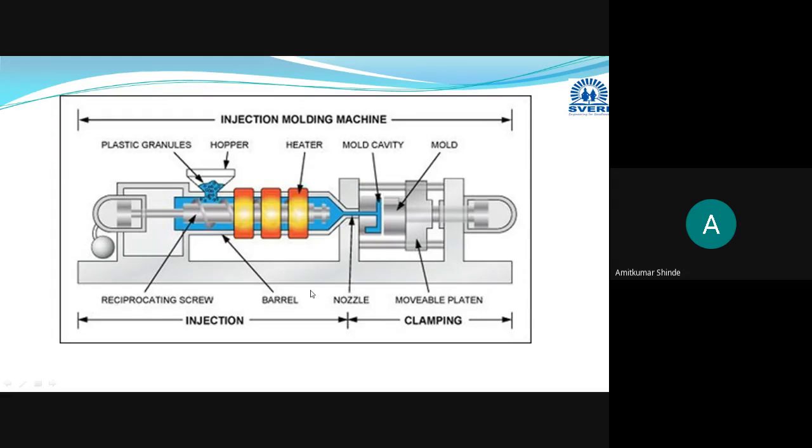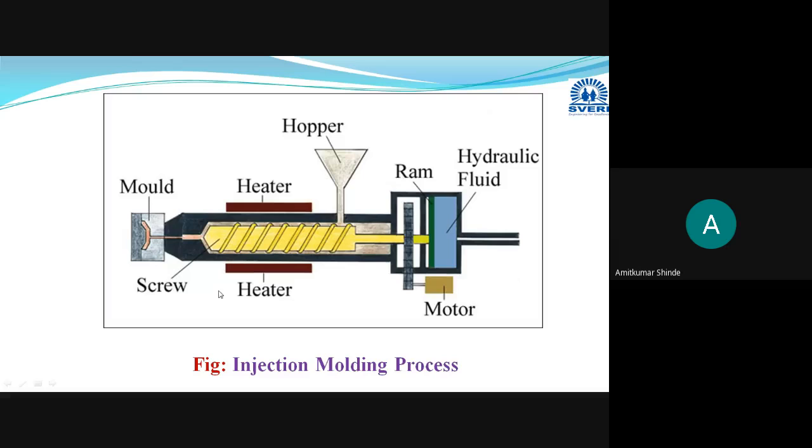With the help of this diagram, we understood the stages: clamping, injection, then cooling occurs here, and after that, with the help of the ejector mechanism, ejection of the component is done. This is the screw type injection molding. This is the ram type injection molding.